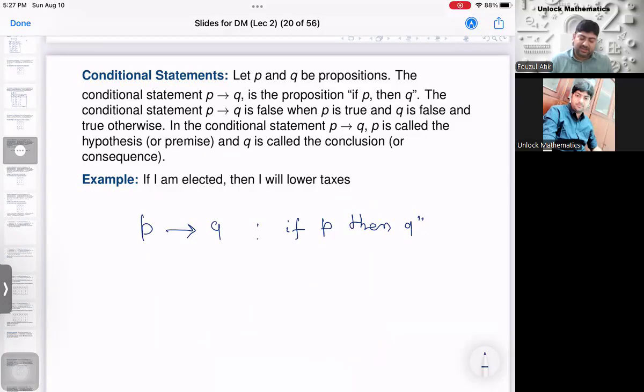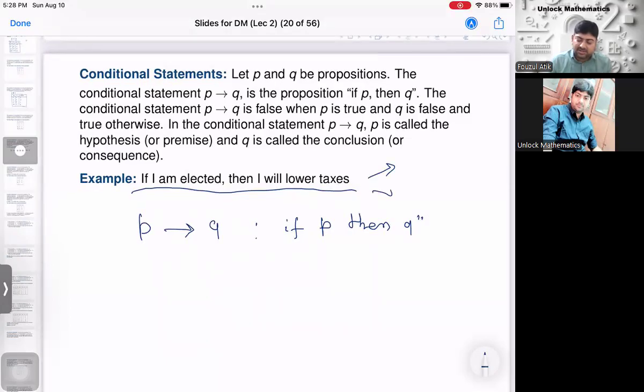Consider this statement: if I am elected, then I will lower your taxes. Now we know that politicians used to make this kind of statement. They used to give this kind of promise, that if I am elected, I will lower your taxes. Now suppose some politician has made this statement, right? So this statement is either true or false, right?